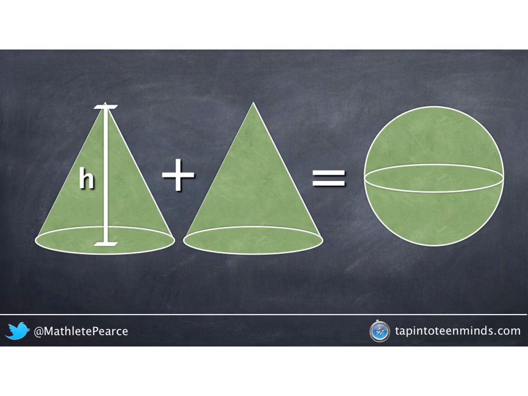So looking at this diagram, the implication is pretty clear, because you can see here that we have a cone plus a cone equal to the sphere. So that's implying that the sphere's volume is the same as 2 cones added together that have the same height as the sphere, and the cones have the same height.